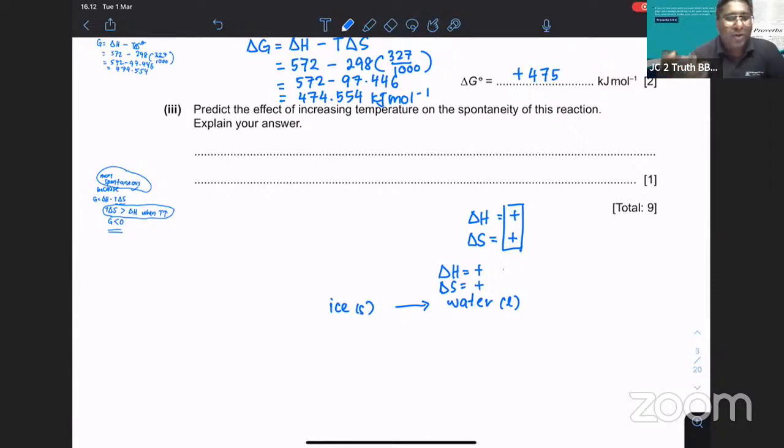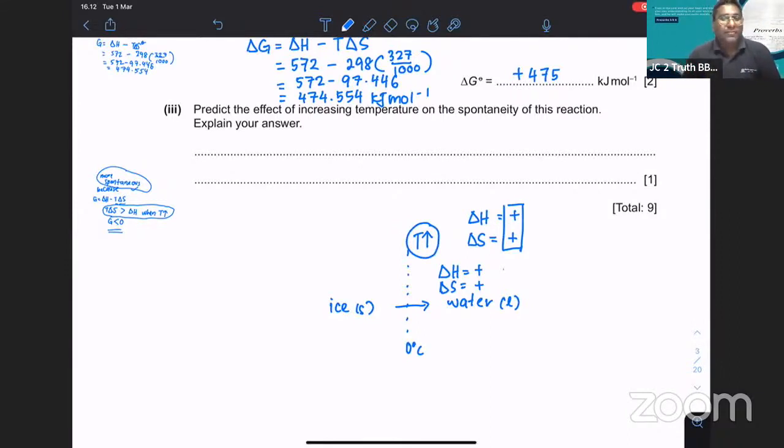Under what condition does ice tend to spontaneously change into water? Of course, after 0 degrees Celsius, which is at higher temperature. This helps us identify that this reaction is going to be spontaneous when the temperature is higher. This is something that is going to help you to predict.